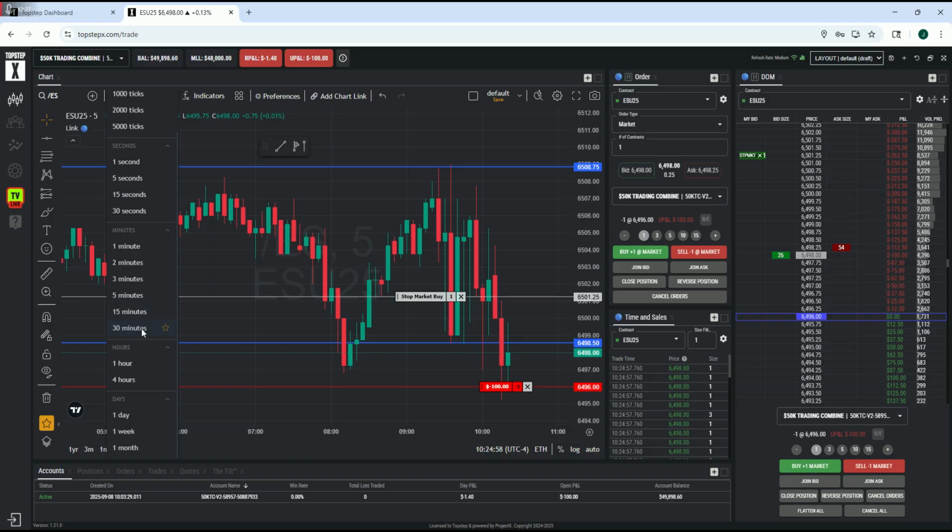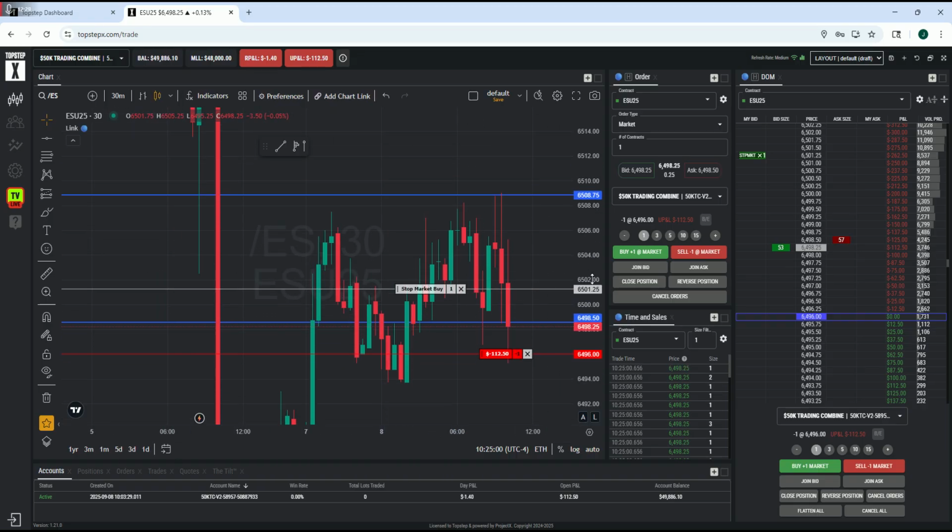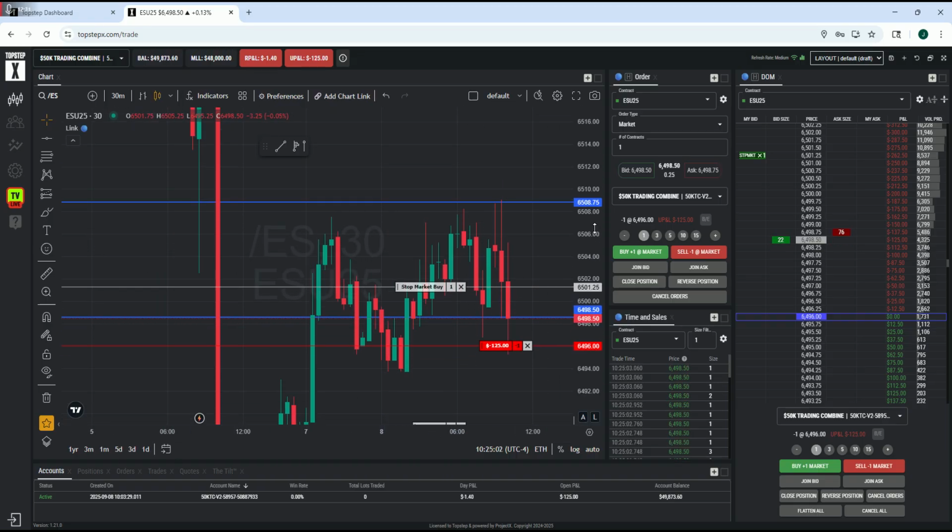See what the bigger time frames look like. That looks okay. And this candle closes in 5 minutes. Yeah, it might close right there.